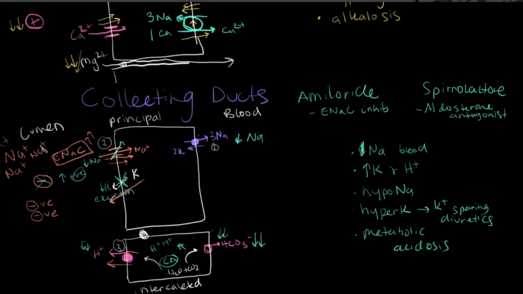So as you can see, if you increase your sodium delivery to the collecting ducts, your distal sodium delivery, that's the mechanism, increased distal sodium delivery, you cause an excretion of this potassium, causing a hypokalemia, and you get increased acid secretion, which leaves you with an alkalosis.